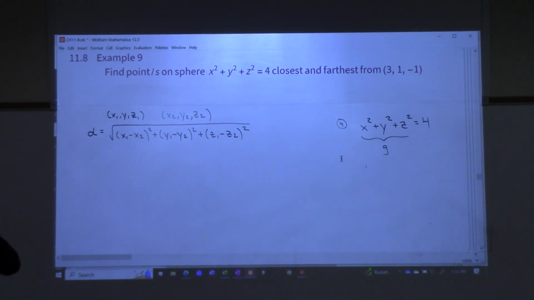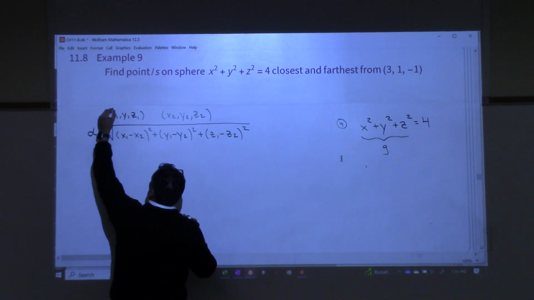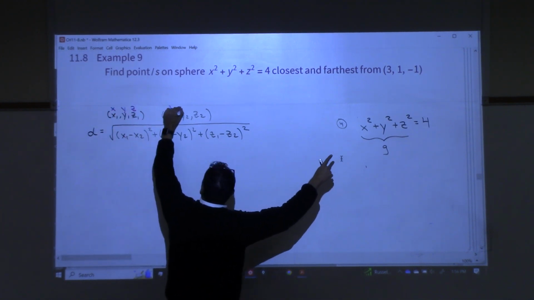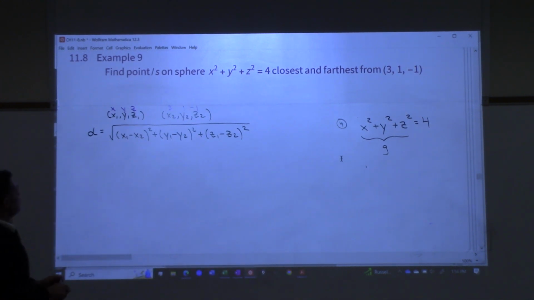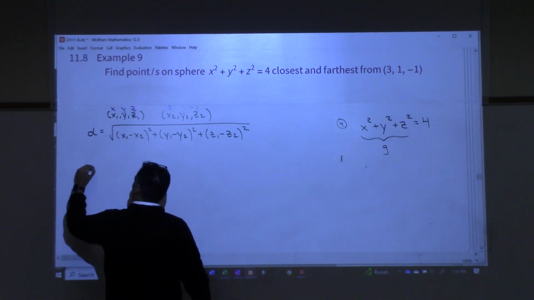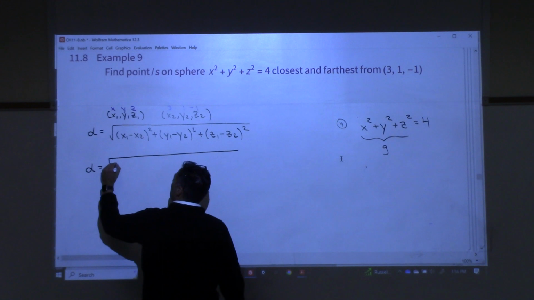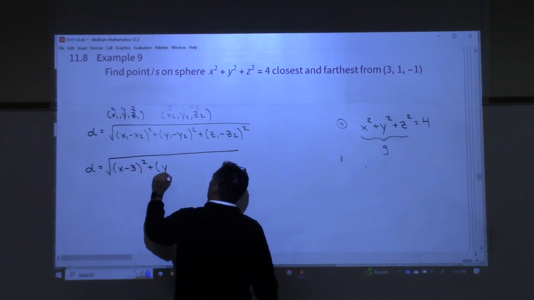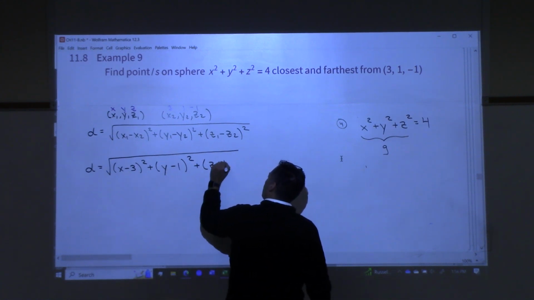So I'm going to call that point we're trying to find x, y, z, and then the known point is 3, 1, negative 1, and I'm going to rewrite the formula. So that my distance is the square root of (x minus 3) squared plus (y minus 1) squared plus (z plus 1) squared.